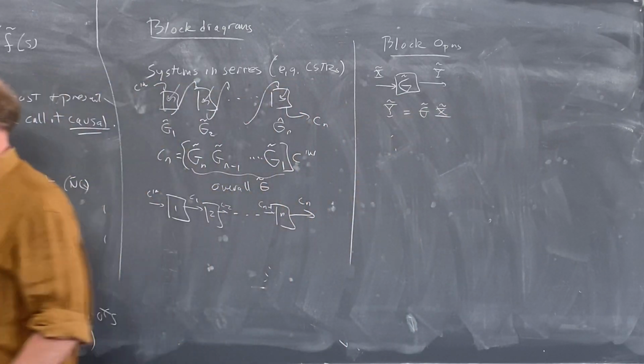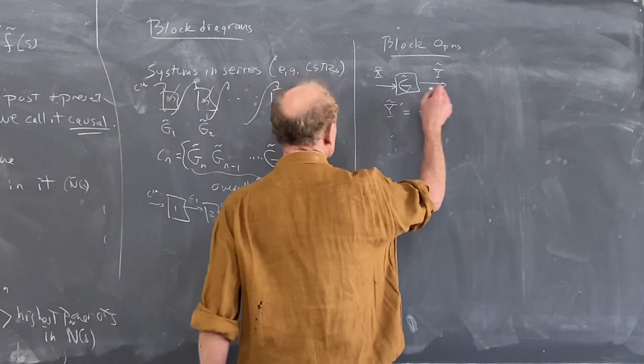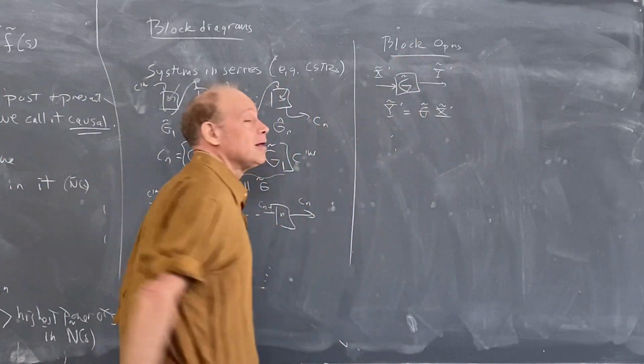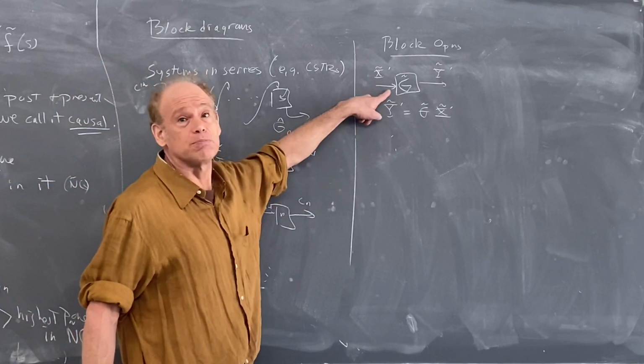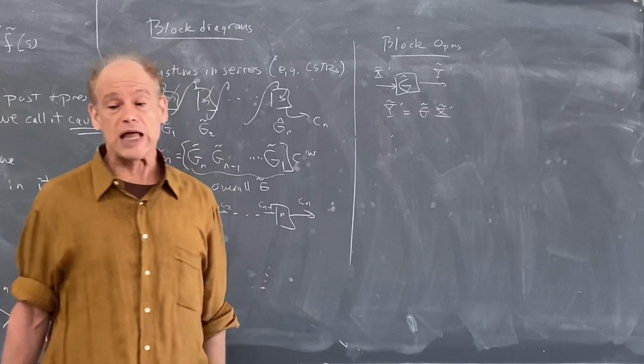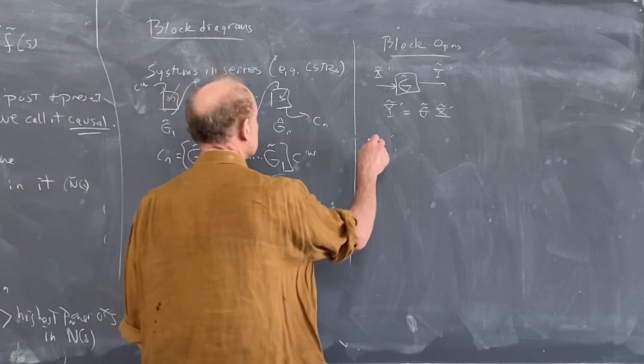Well, that's nothing new. That one we knew already. That was this. I'm leaving out the prime. I should have primes. The only new thing here is not the equation, it's that I can represent this equation by this diagram, by this block.